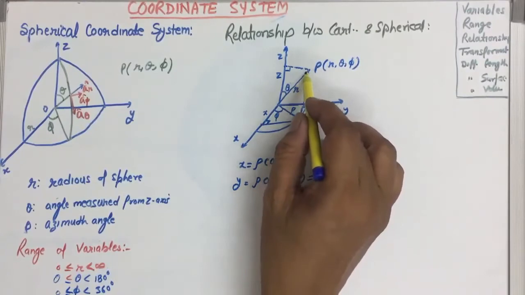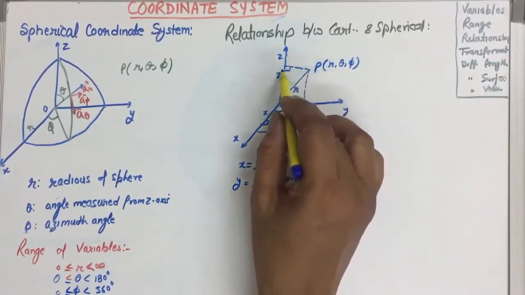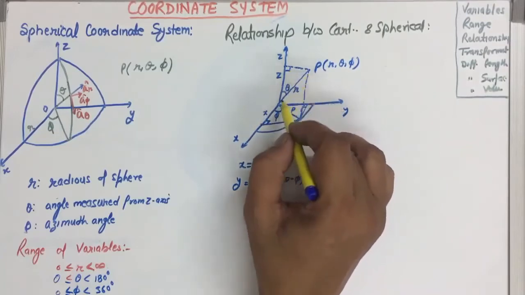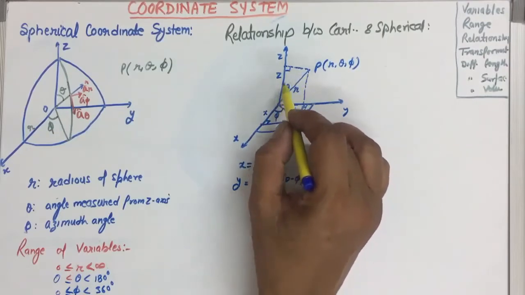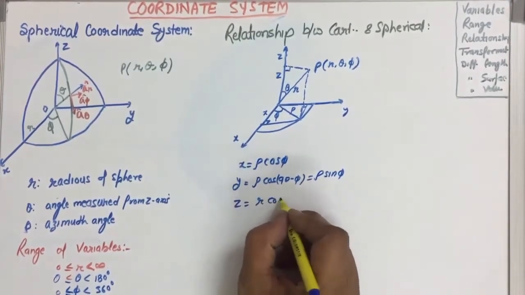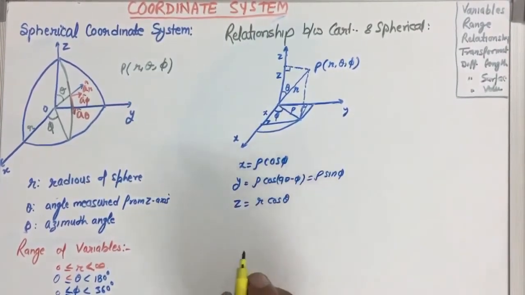And r, the projection of this on the z axis, this is the right angle, so r cosine of theta will give you z. So z will be r cos theta.